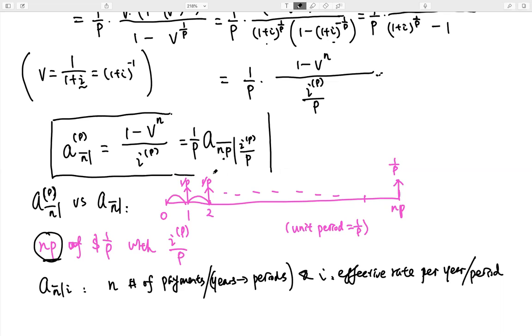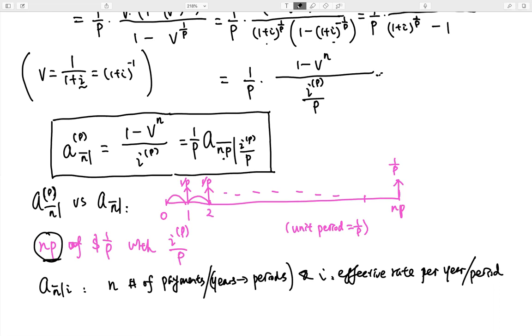So let me complete this box. Pretty much we have different notations for this a upper p angle n. The first formula directly comes from the mathematical derivation where I applied the result from geometric series. The second one is based on my analysis of the payments and my previous knowledge on a standard level annuity immediate. Both would work, both would lead to the same result.